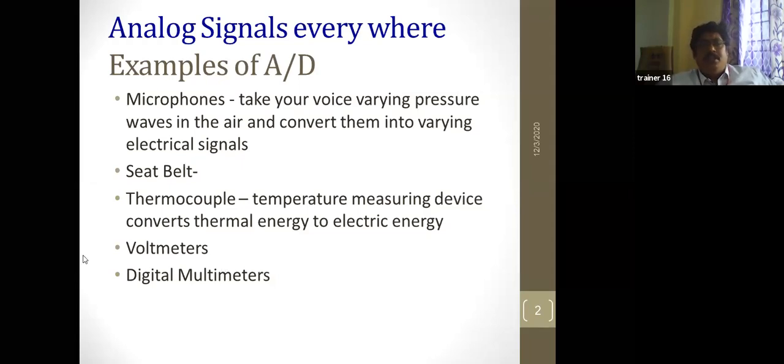And the next one is digital multimeters. These are all examples. With a digital multimeter, you can see the positive and negative terminals. For example, in a household, an electrical technician will come and use a multimeter.